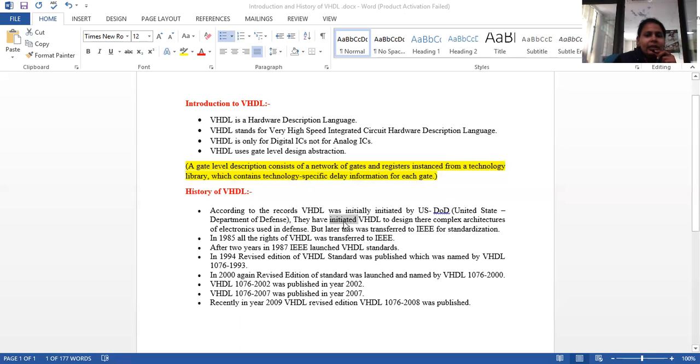They initiated VHDL to design their complex architectures of electronics used in defense. Basically, the Department of Defense initiated VHDL because they wanted to design their complex architecture of electronics used in defense.